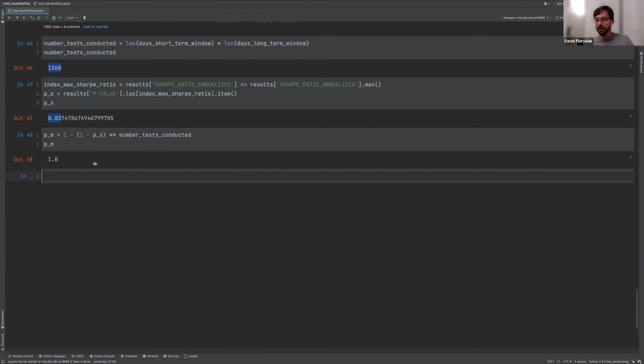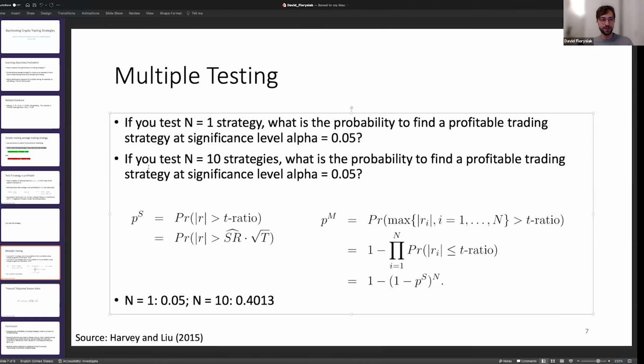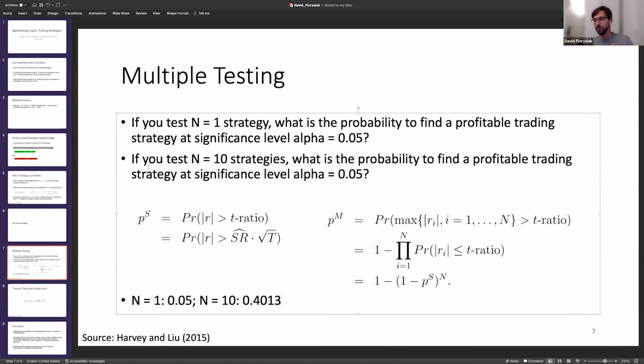So if we conduct 1,360 tests in this setting, given the data set and the characteristics of the data, we have a probability of 100% of finding a profitable trading strategy. This will probably not hold in reality. So we should probably not invest into this trading strategy.